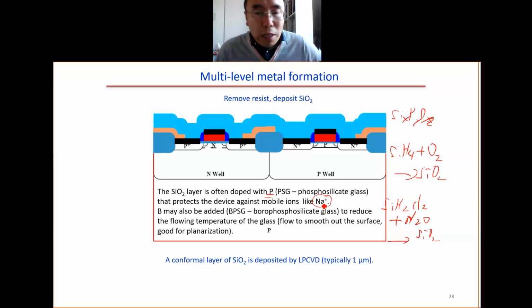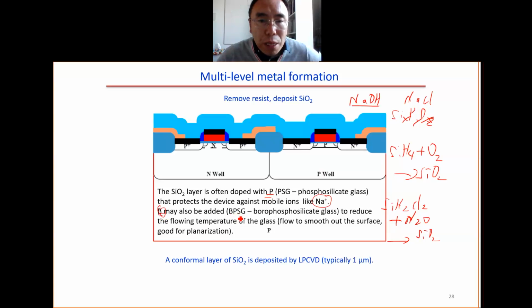In fact, for many clean rooms, they do not allow sodium hydroxide or sodium chloride. Many clean rooms do not allow sodium in the clean room. So by doping the silicon oxide with phosphorus, we can block this sodium ion. Another dopant may be boron.